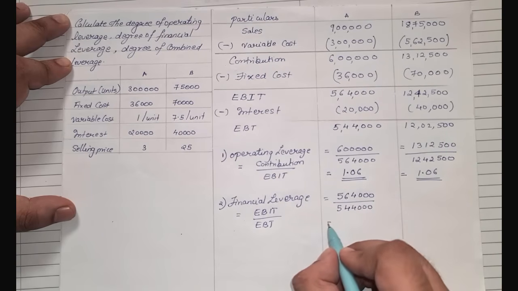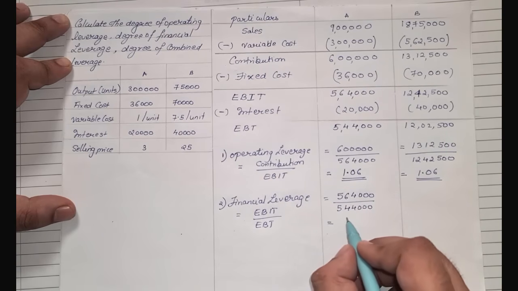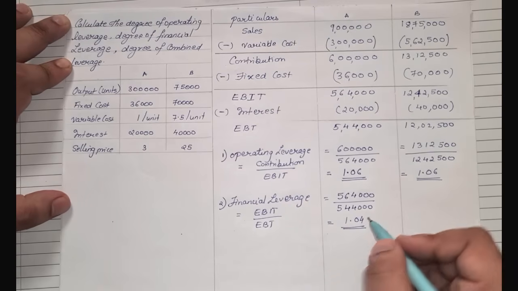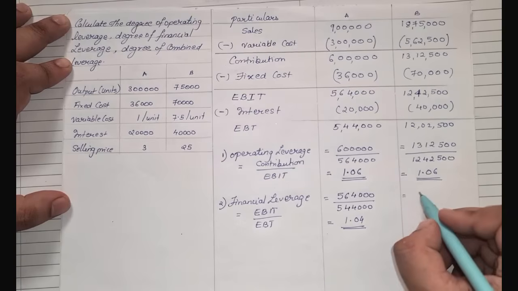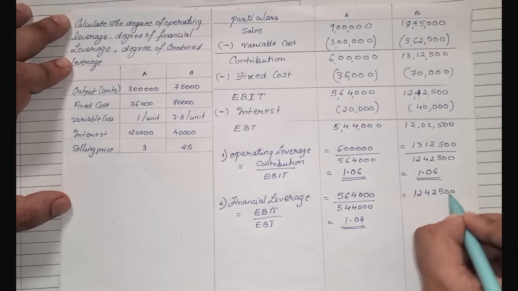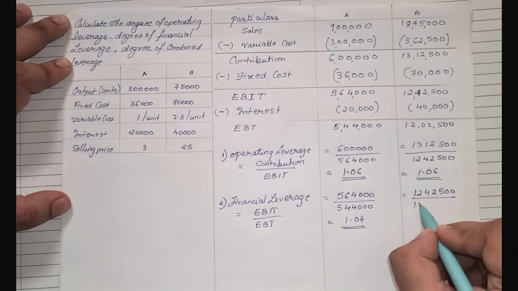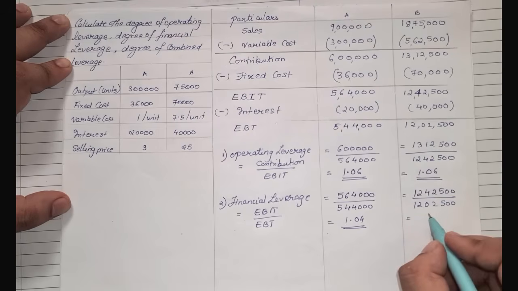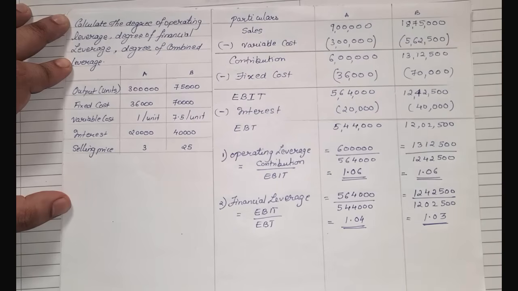When you divide, the financial leverage that one should have got would have been 1.04. Similarly, for company B, the EBIT was 12,42,500 upon EBT, that is 12,02,500. When you divide, one should have got the value as 1.03. This is how we got the values of financial leverage.